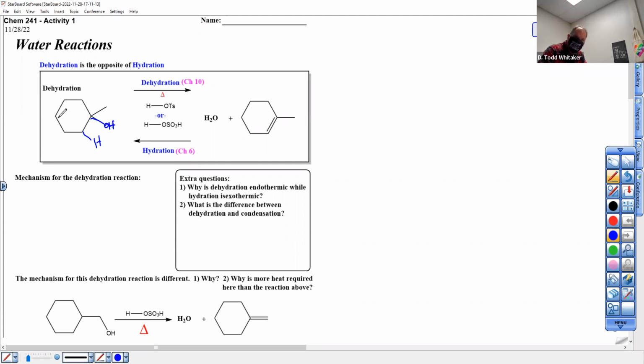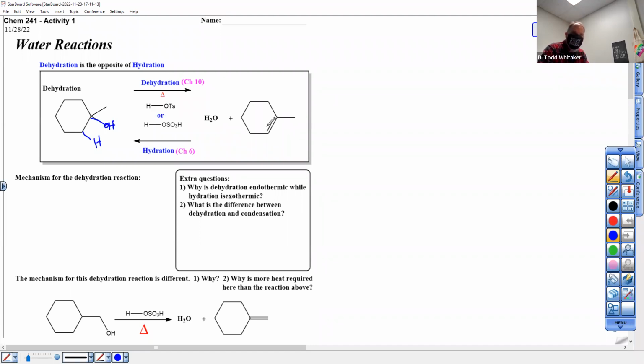There's two options. You're creating a pi bond, but you don't have a leaving group yet. So do you remember what happens when we create a pi bond and we had a leaving group to start with? We call that a specific kind of reaction. Reaction that makes a new pi bond.